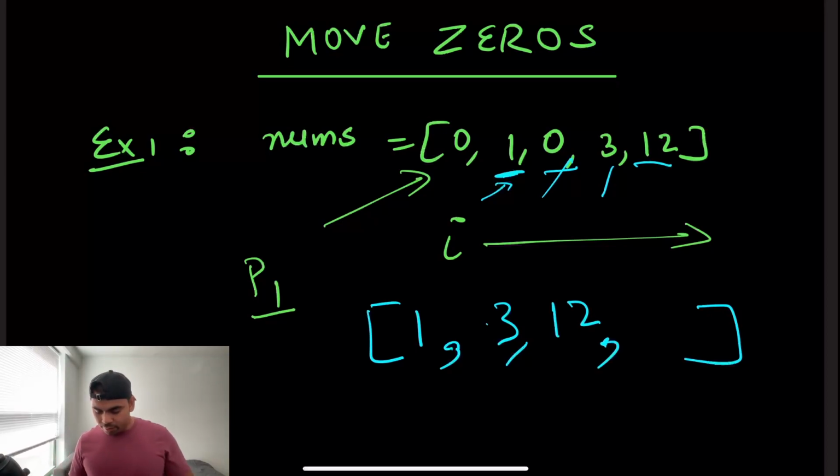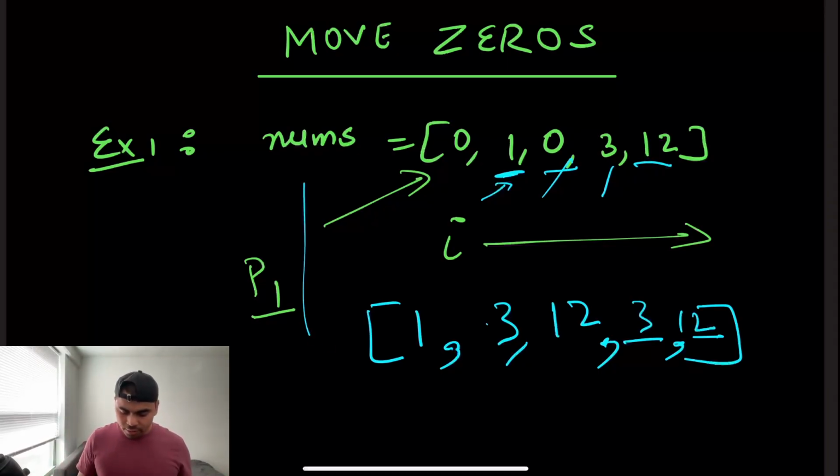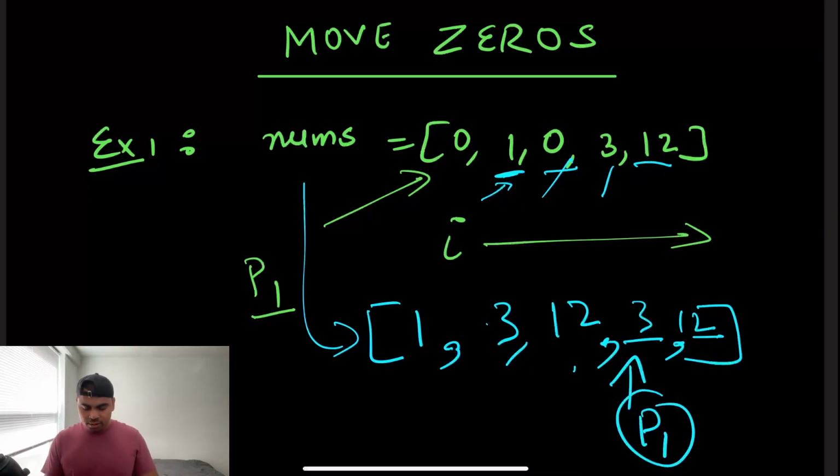Then we have these two places remaining, but right now they will contain 3 and 12 because it's the same array we are using, nums. Our pointer is now pointing at the position after 12. Then we can use a while loop to fill these remaining places with 0.